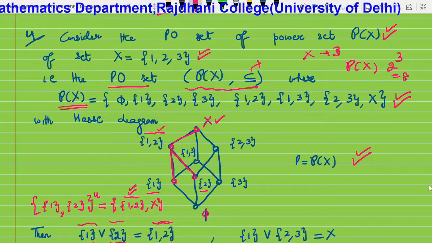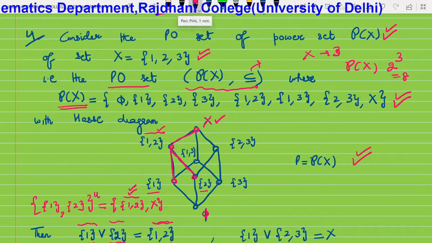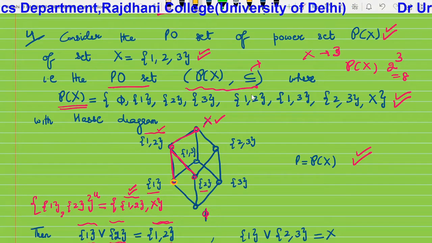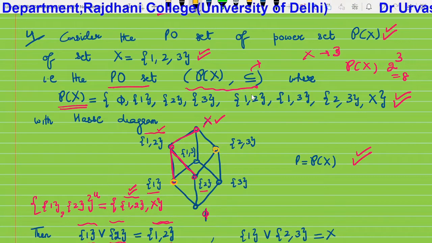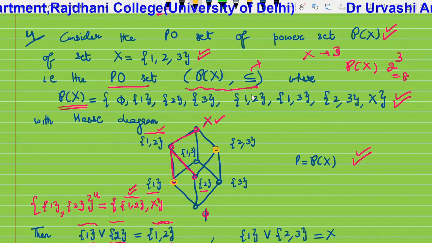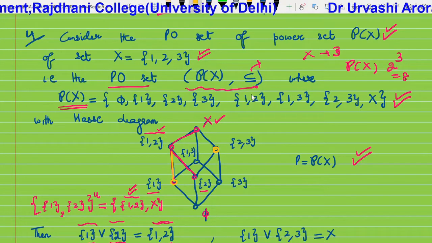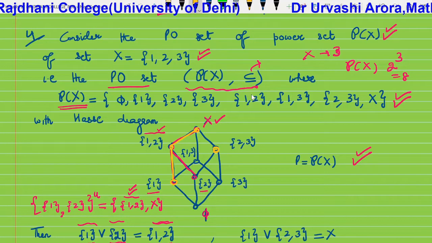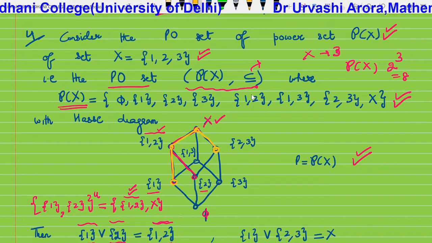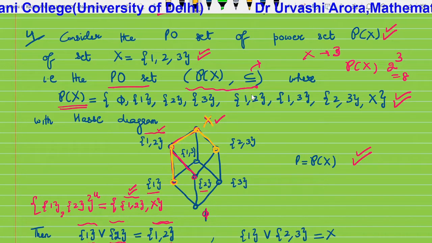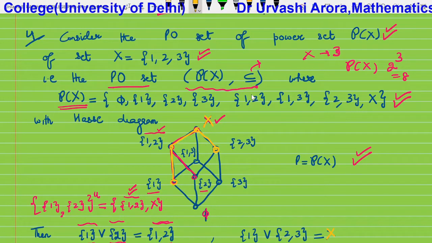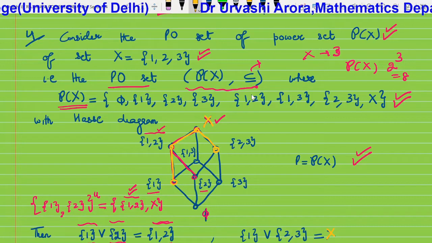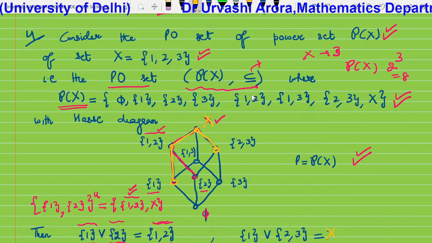The same thing, if I try to find the upper bound of singleton 1 and, let's say, {2,3}, then the upper bound is going to be that element where they first meet, the common point where they first meet, and that is nothing but capital X, the whole underlying set X whose subsets are being taken.